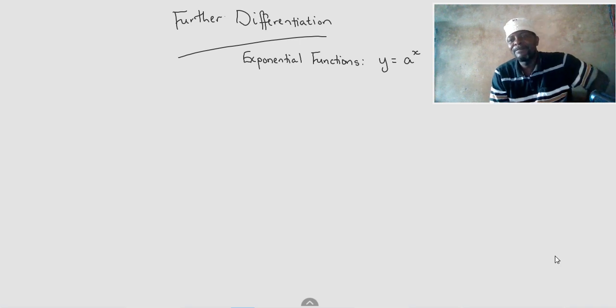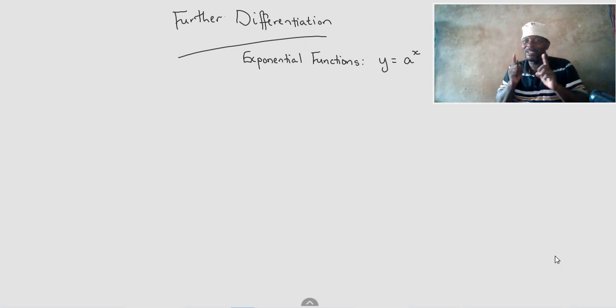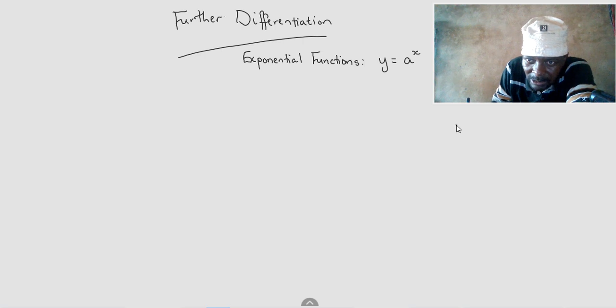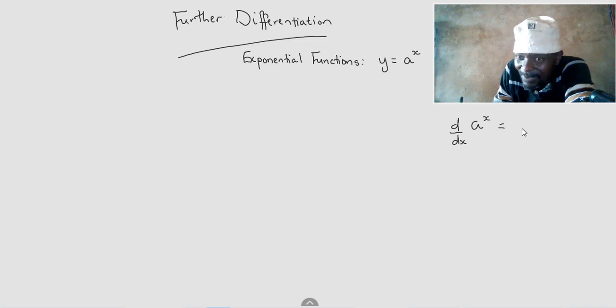All right, now we did previously look at the differential of what? Of exponential functions, which led us to the differential of e to the x, because we said for any exponential function, any base, dy, no, not dy, d/dx with respect to x of a to the x. So any base, what is it going to give us?